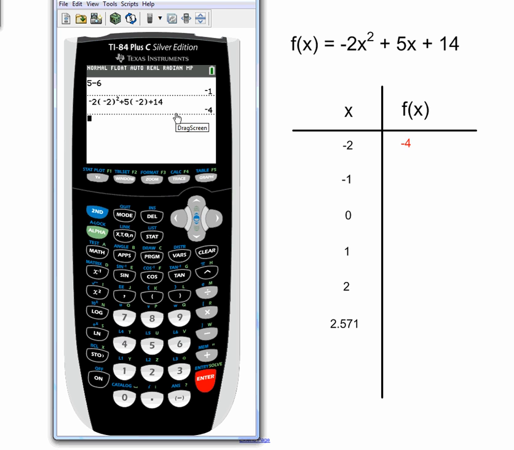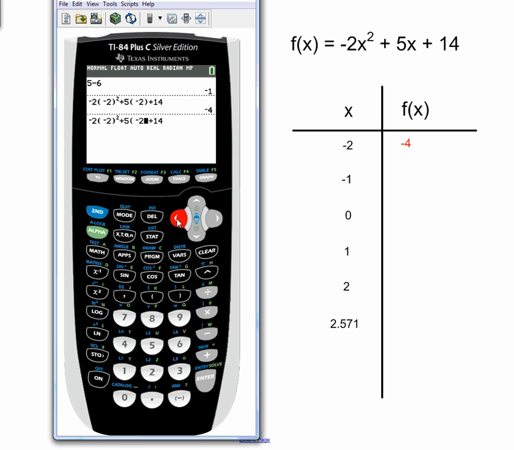Now, if I want to enter f of -1, I can do so by entering in everything manually, starting over with all that other stuff, or I could use this last entry feature. See, it says entry above the enter key, which is blue. So if I go second, I can access any of the blue commands on the keypad. Entry pulls up the very last thing that I typed in, and I could edit it if I want.